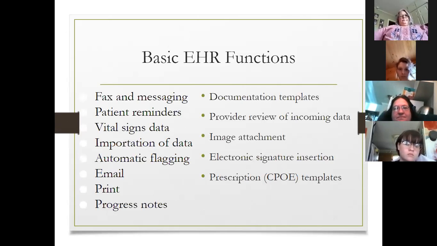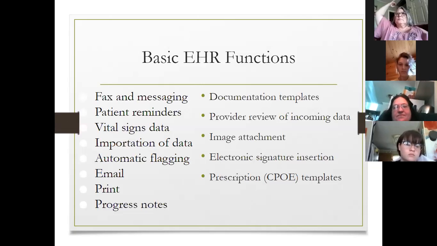Okay, here are some basic functions of the EHR, and I'm just going to go through this quickly so we can get finished. Fax and messaging, patient reminders, vital signs data, importation of data, automatic flagging, email, print, progress notes, documentation templates, provider review of incoming data, image attachment, electronic signature insertion, and prescription template.